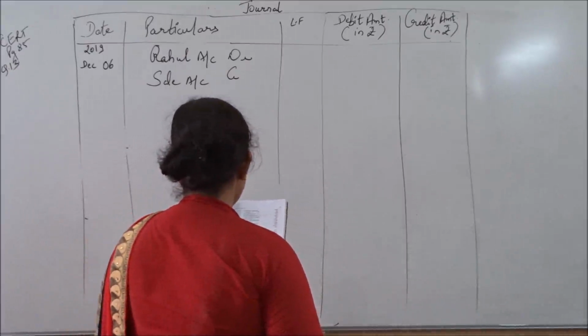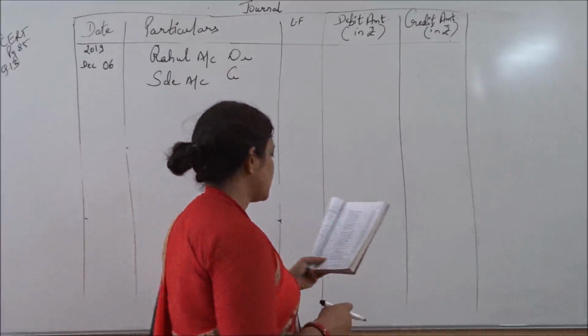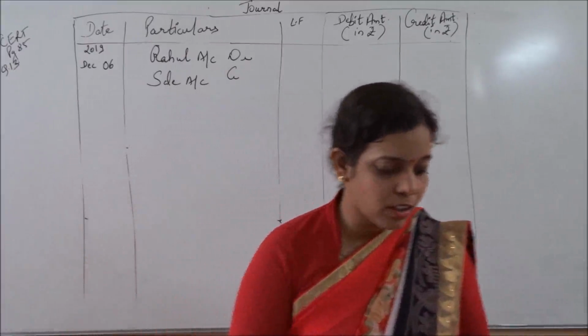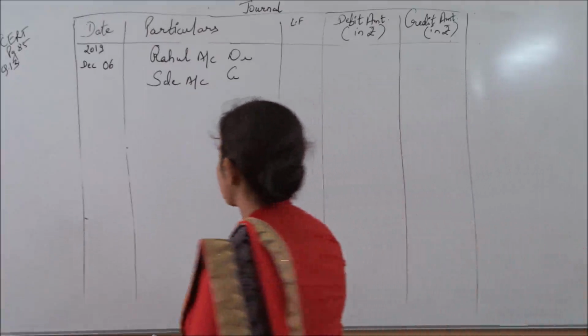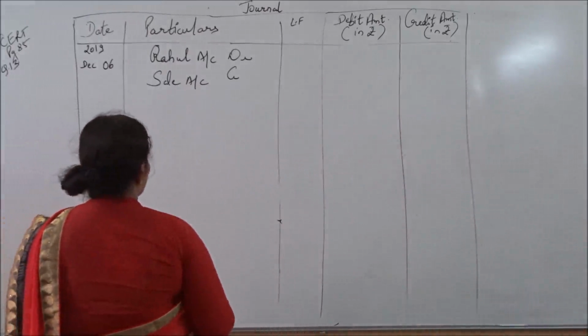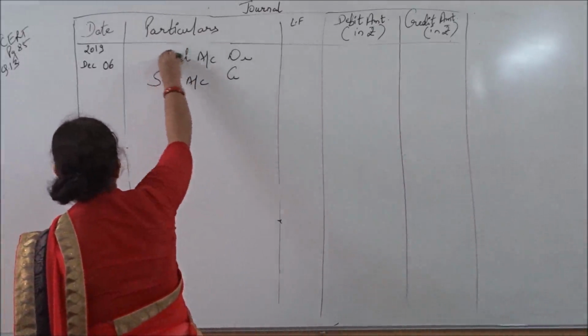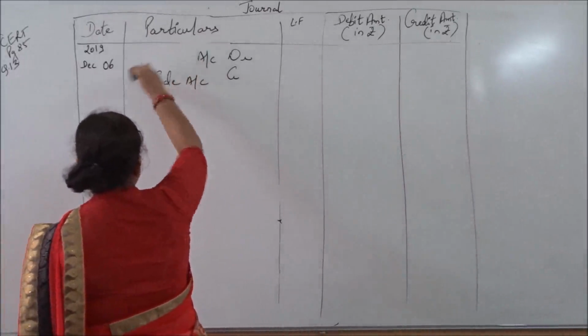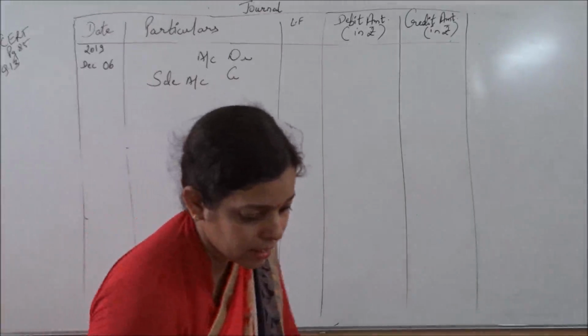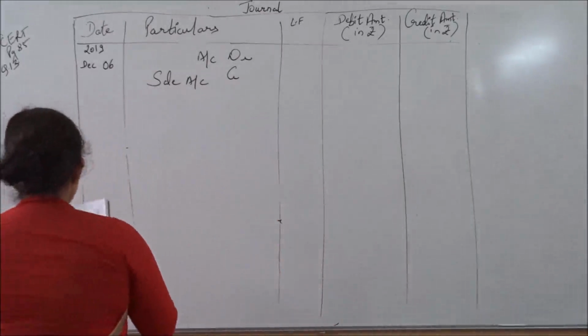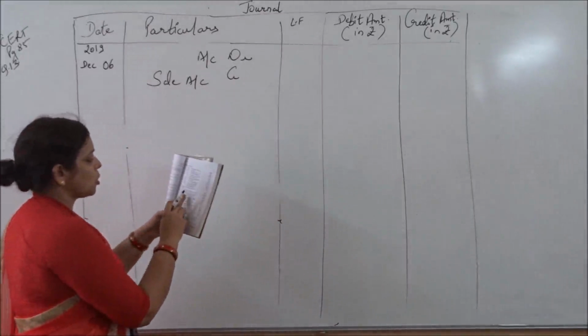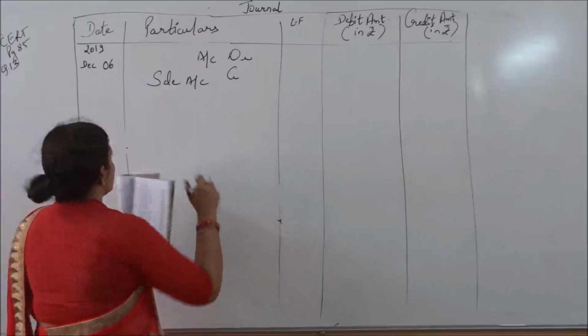So what is the amount? Oh, but it's written sold goods to Rahul for cash. Since cash is coming, we cannot write Rahul here. If cash was not given, definitely we would write Rahul. But since it is written afterwards that sold goods to Rahul for cash, what will you write?